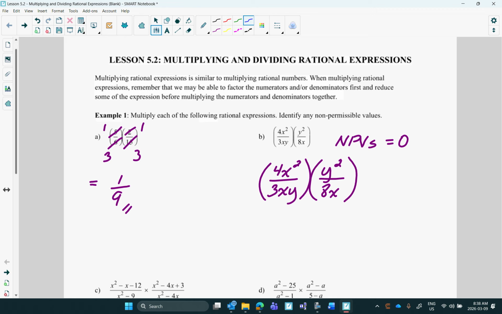Look at all the numbers first. Is there a pair of numbers, one in the numerator and one in the denominator, that I could reduce? 4 and 8. I could divide each by 4. Now, the x's. How many x's do you see getting multiplied up top? 2.